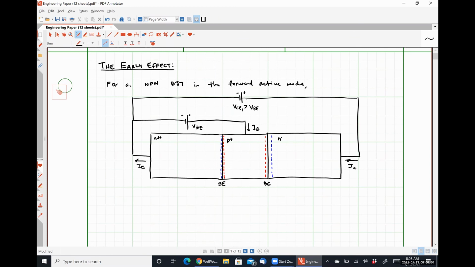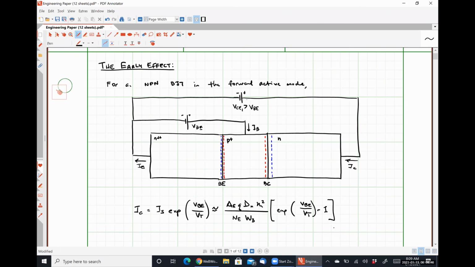So we found that in this case, the collector current IC was IS exp VBE over VT, where IS was the area of the emitter multiplied by Q, charge of an electron, multiplied by the diffusion coefficient of electrons, multiplied by the intrinsic carrier concentration squared, divided by the dopant concentration in the emitter times the width of the base multiplied by exponential VBE over VT minus 1.